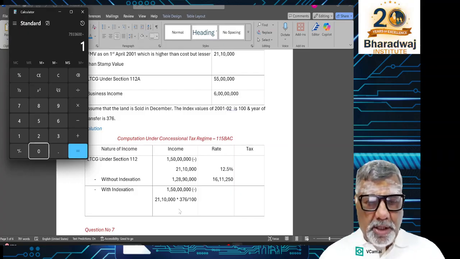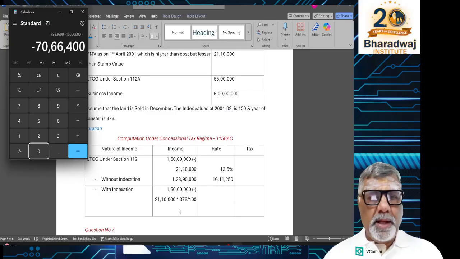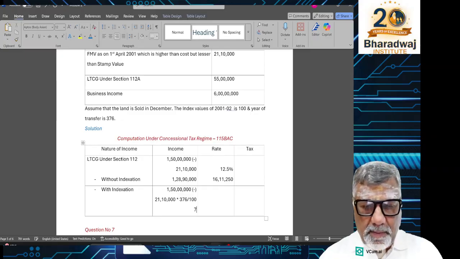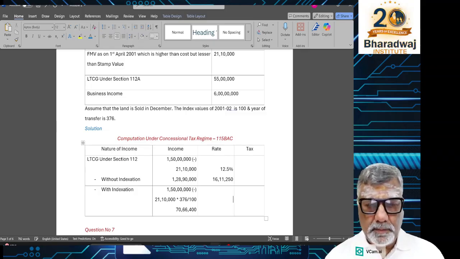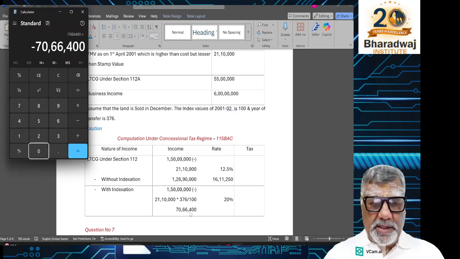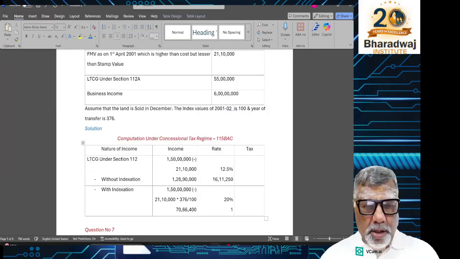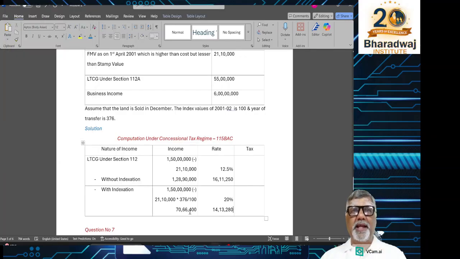Okay, minus 1 crore 50. I am getting 70 lakh 66,400. 20% of this comes to 14,13,280.